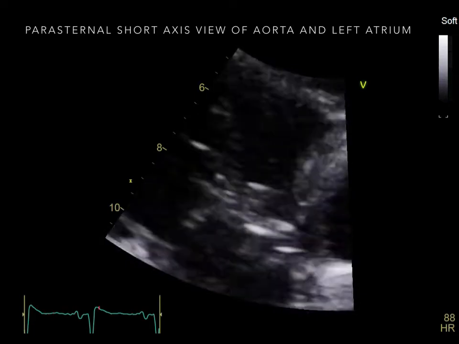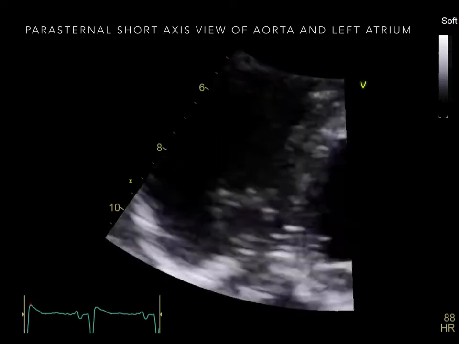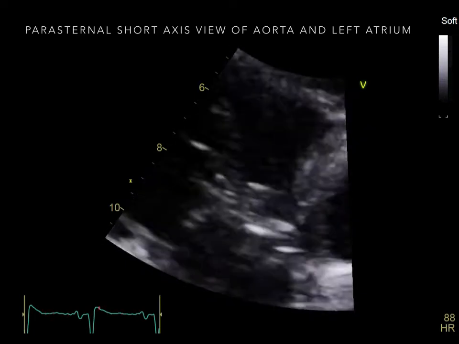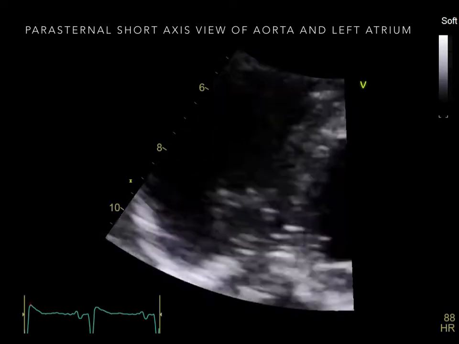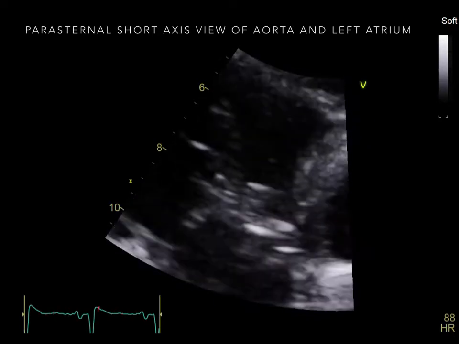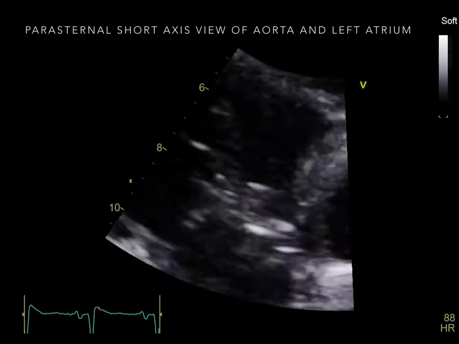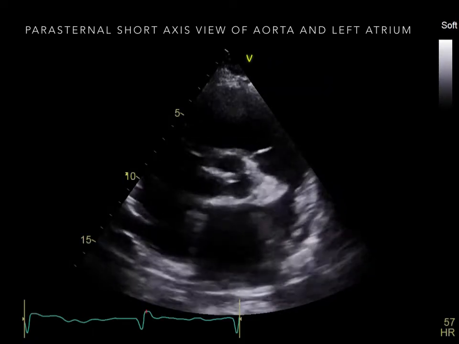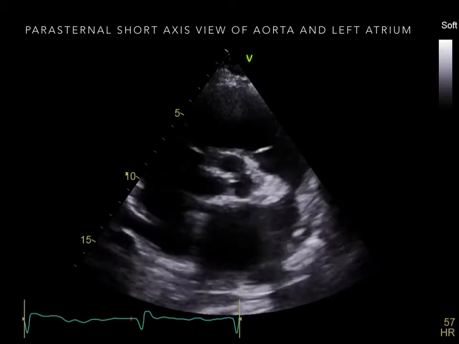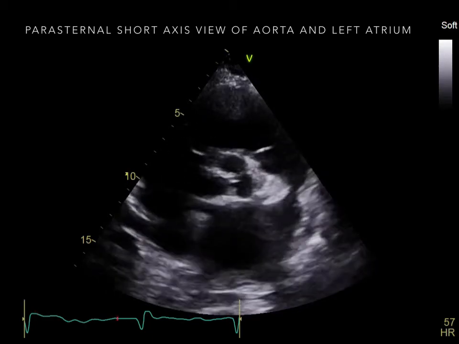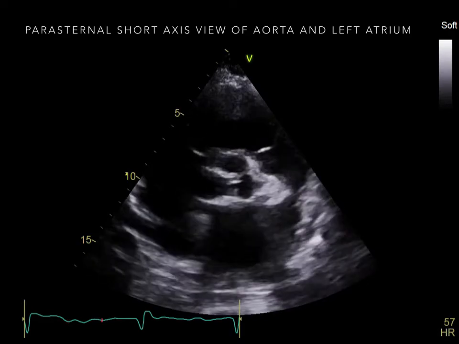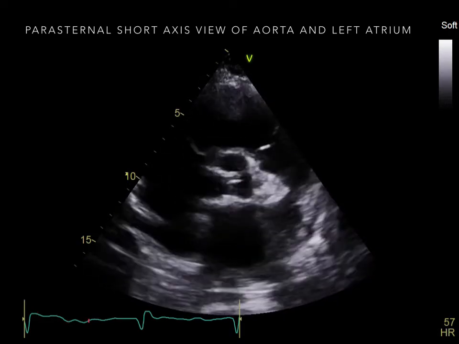This is the zoomed-in image of the tricuspid valve. The anterior leaflet appears to the left-hand side of the image, while the septal leaflet appears medially. Take a moment to identify all of the above mentioned structures. You can even pause the video for this.